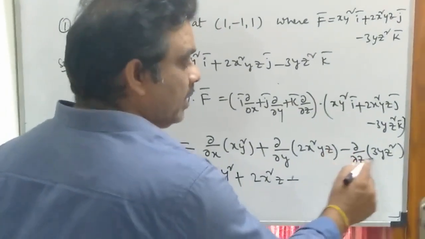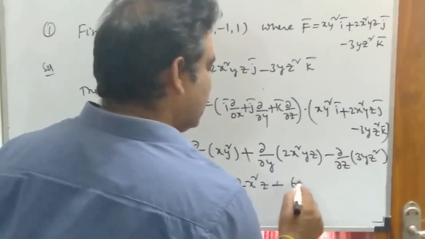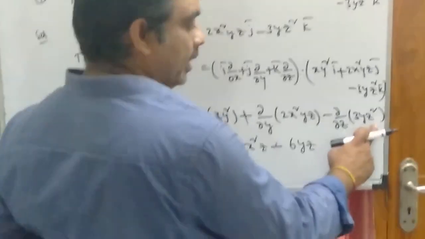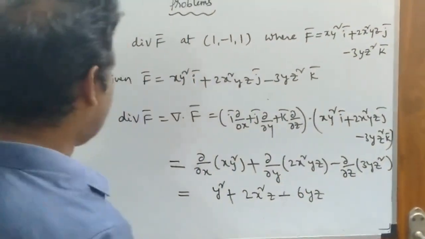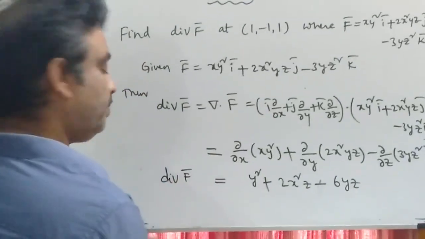With respect to z, 3y constant, 3y into 2z, that means 6yz. This is z square derivative 2z into 3y, 2 into 3 is 6 into y into z. This is the div f bar.